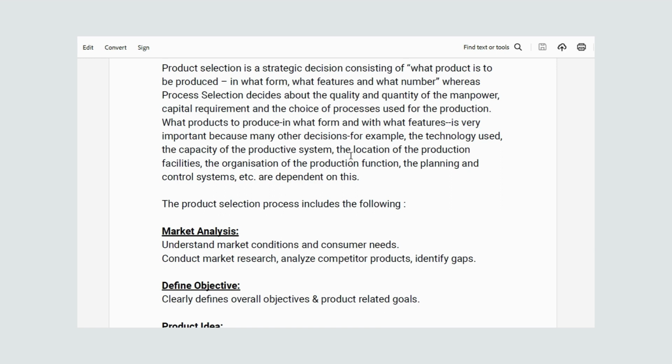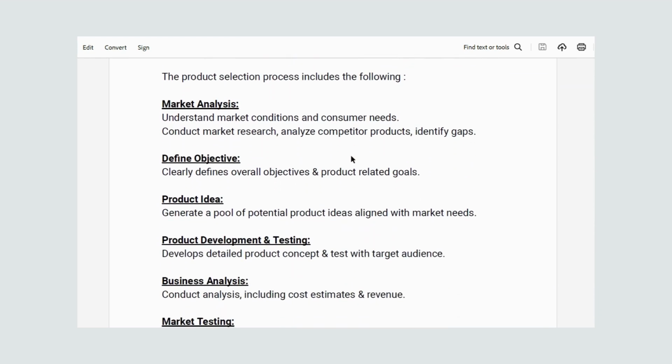So we have to conduct market research, analyze the competitors' products, and identify the gaps. After doing all these things, we can define the objective. We can clearly define the overall objective and the product related goals. After defining this objective, we will get a product idea, to generate a pool of potential product ideas that align with the present market or consumer needs.